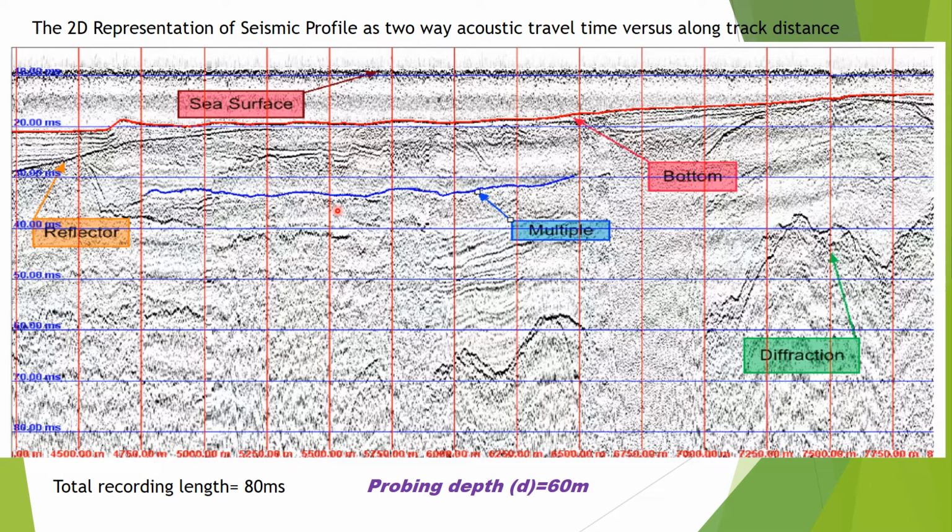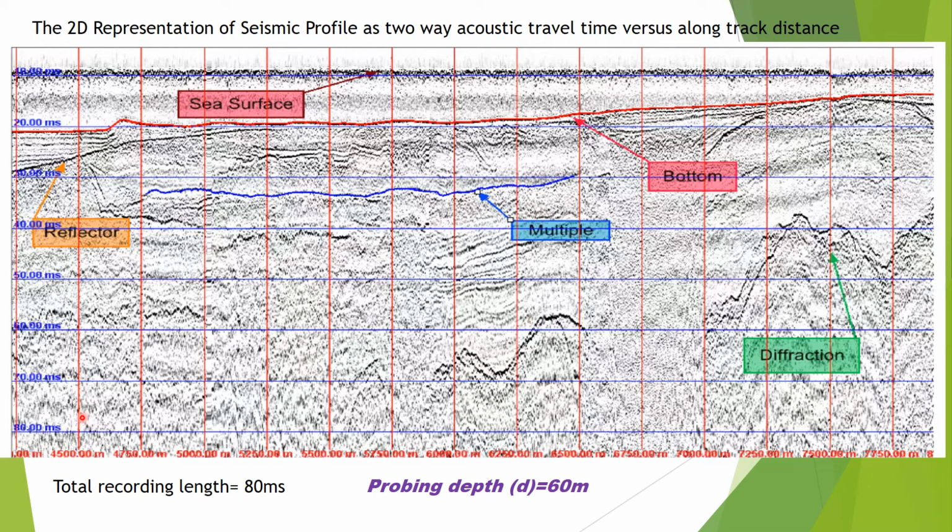The concept of multiples has already been described in my previous lecture. Your objective will be to eliminate multiples and keep the primary reflecting events. And this is the sea bottom, and these are the different diffraction patterns which may be converted to single points after the noise elimination technique. This has to be eliminated.